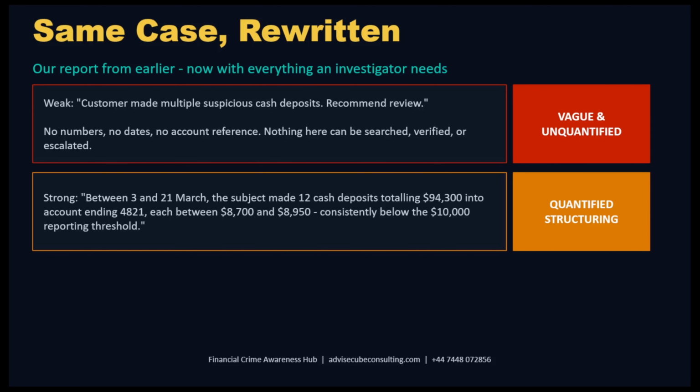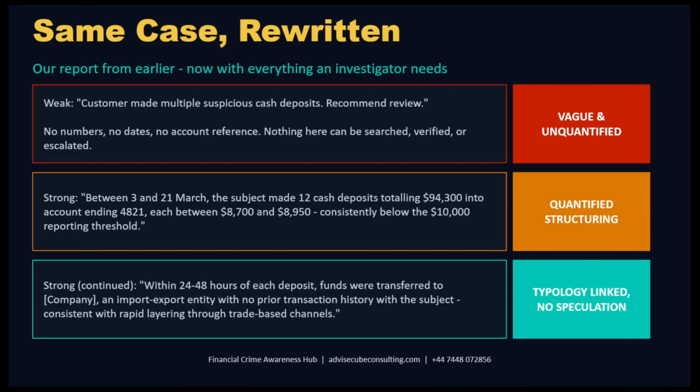Nothing to decode here. Then the next sentence: within 24 to 48 hours of each deposit, funds were transferred to a company with no prior transaction history with the subject, consistent with rapid layering through trade-based channels. That is typology linked, no speculation here.